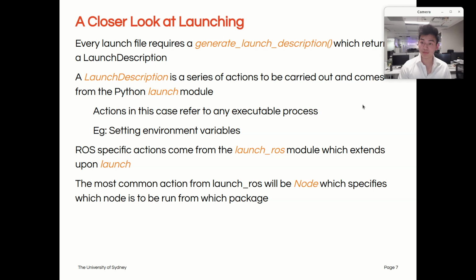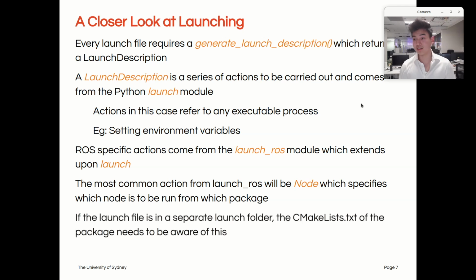Now, the most important part, maybe not the most important part, but the part that may come into play if you're writing a launch file for the first time, something you may forget, is telling your CMakeLists about your new launch directory. Recall that ROS2 builds your C++ projects using CMakeLists.